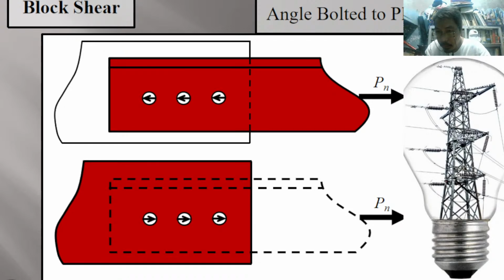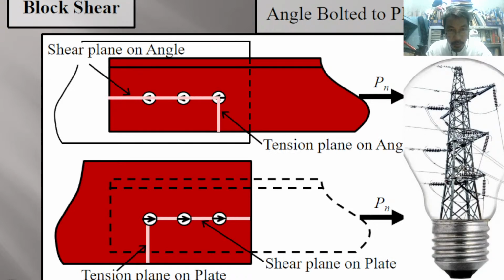The bottom diagram is the plate to which the angular member is attached. As you can see, we have the tension force, which is the nominal tension force. Now the shear plane: we have the shear plane looking like this. This is the shear plane.